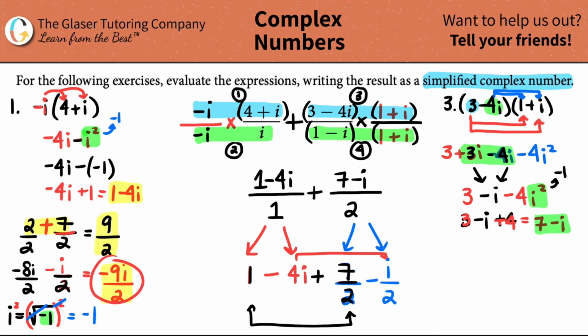And I have the imaginary part of negative 9i over 2. So now I just add them together. So this would be 9 over 2 minus 9i over 2. And that is your final answer. The final answer of this playlist and of this question.